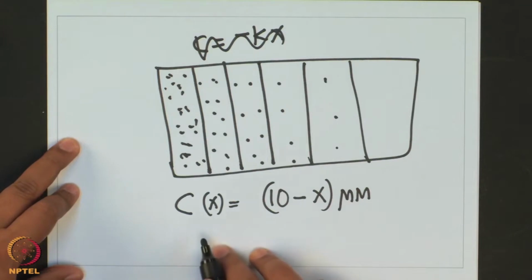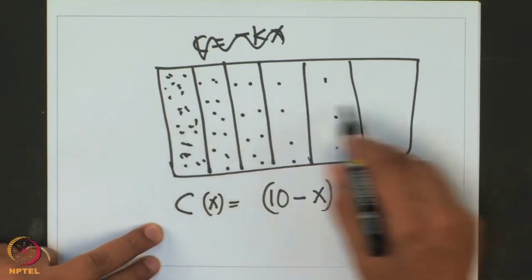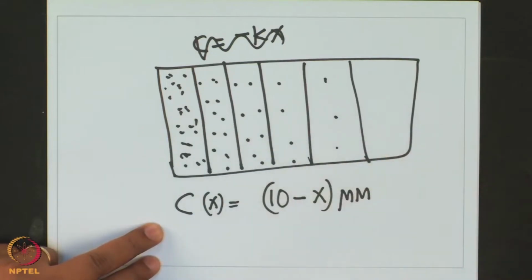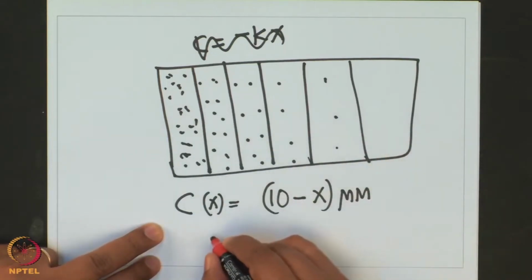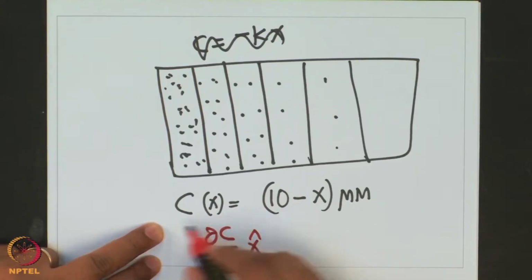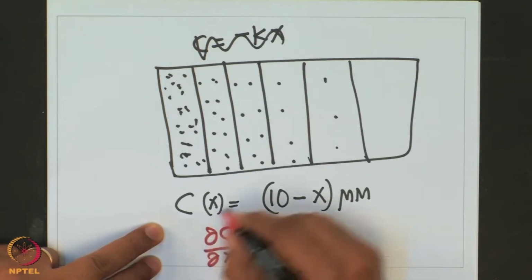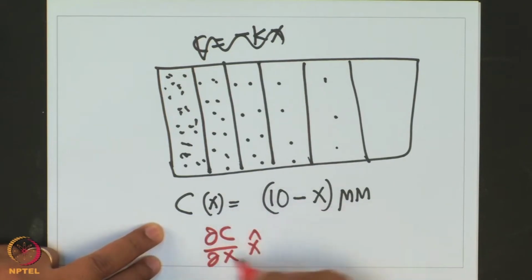Now the fact that the change in concentration happens only along x would mean that del c by del x x cap represents the change in concentration along the x axis and not along the y axis. Del c by del y y cap would represent the change in concentration along the y axis.